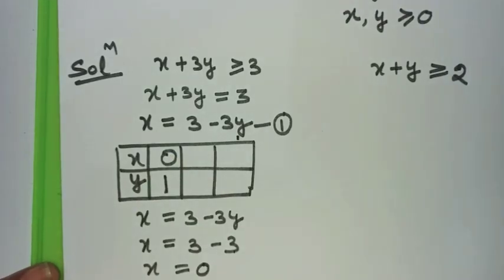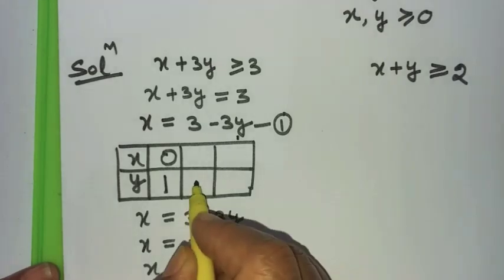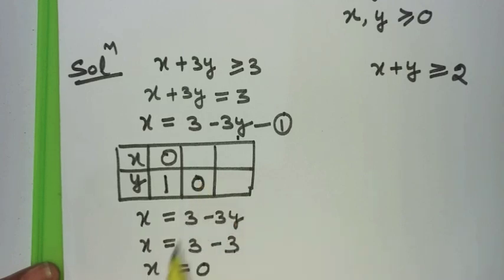So, I substitute it here. I have got one set of values, 0, 1. Now, let me find out the second set of values. I can also give the value 0 to y. So, let me assume y is 0.